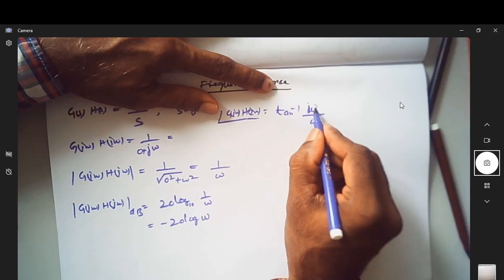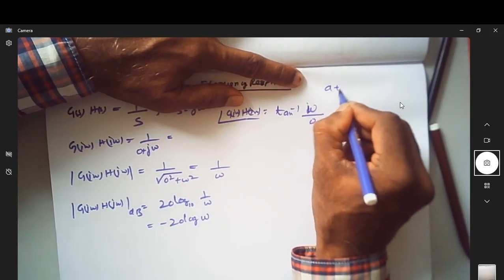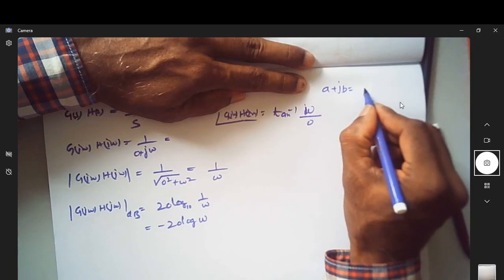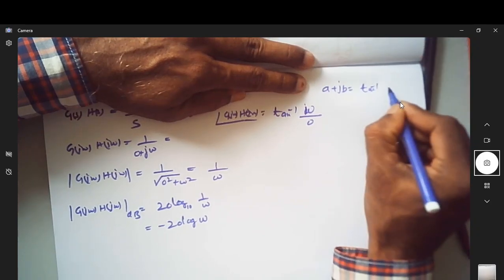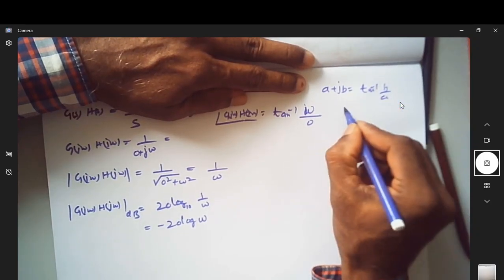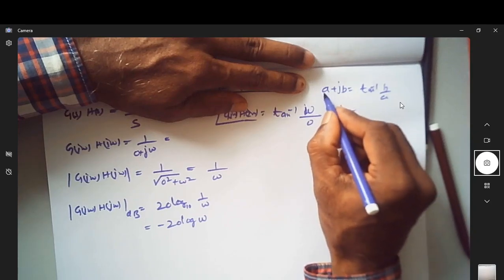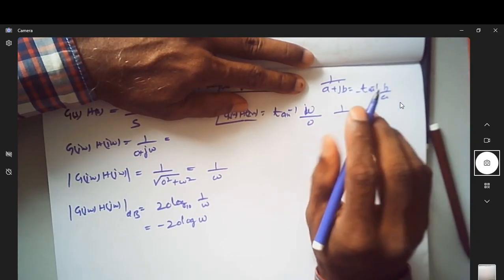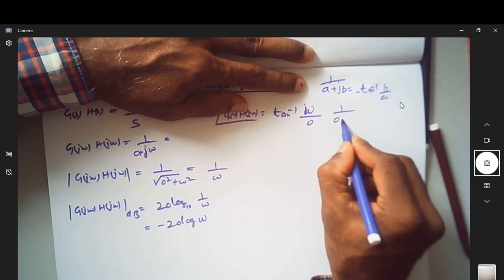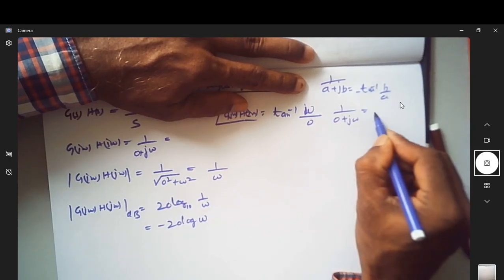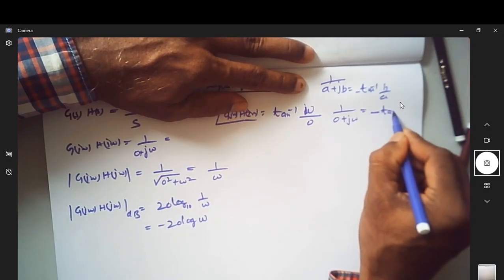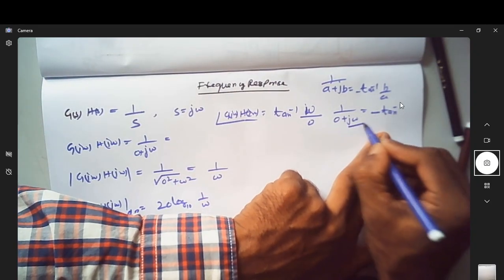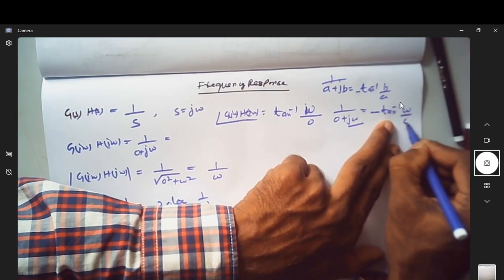Suppose you have a plus jb as the parameter, its phase angle is tan inverse of b by a. Of course, since it is 1 over this, this becomes minus tan inverse of. That's the only difference. So it should be minus tan inverse of, where the imaginary coefficient is omega and the real coefficient is 0.